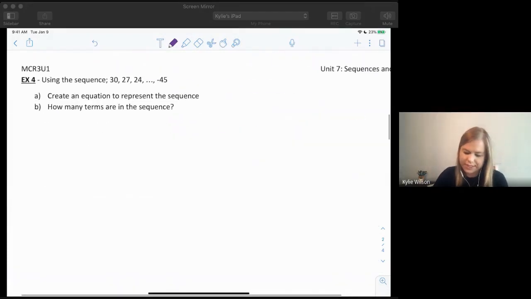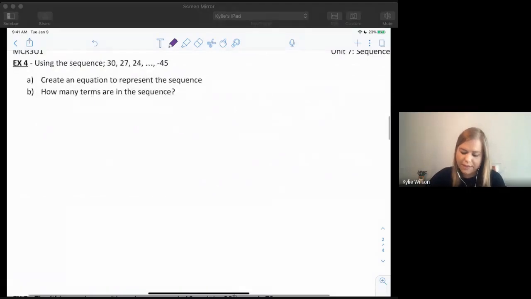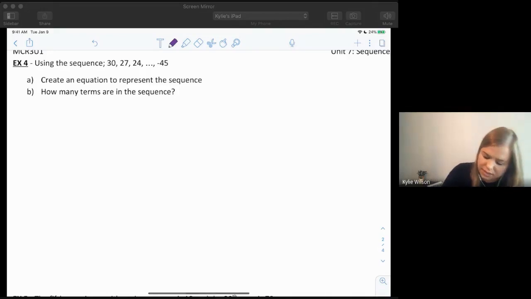So for example 4, we have the sequence 30, 27, 24, and it goes all the way to negative 45. The first thing we need to do is create an equation to represent our sequence. First, I'm going to check: is this an arithmetic sequence?